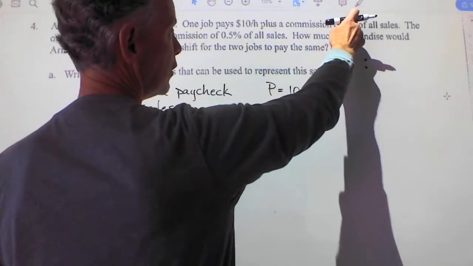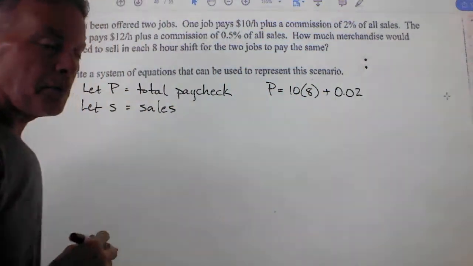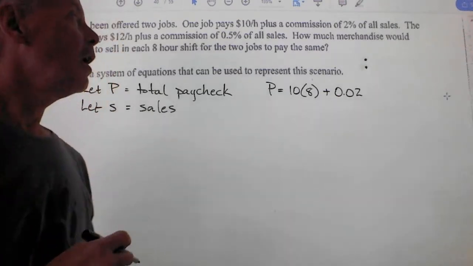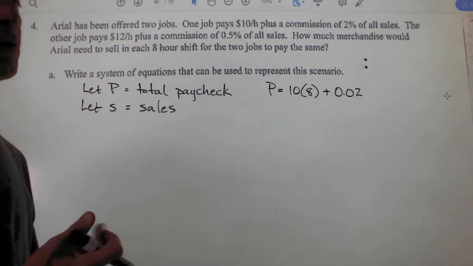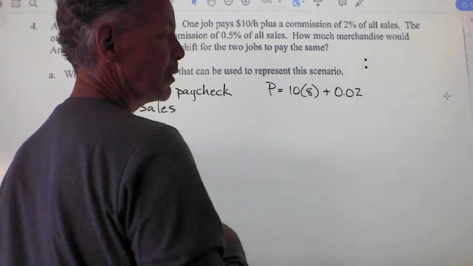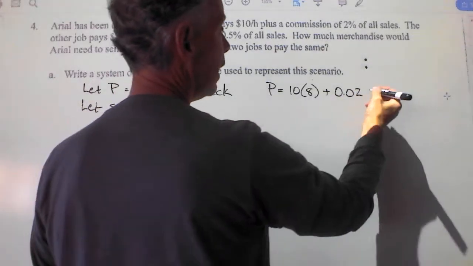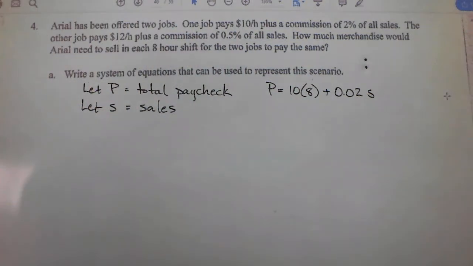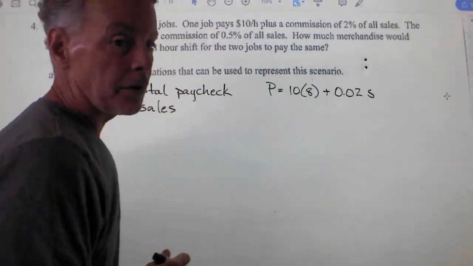She makes 2%. Remember from this chapter I referred to in 10-3, we always have to change percent to a regular old number, to a decimal, so that's why this 2 becomes 0.02. Remember, you just divide by 100 or move the decimal 2 places to the left. And we're going to multiply that by her total sales, okay? Because she gets 2% of everything she sells.